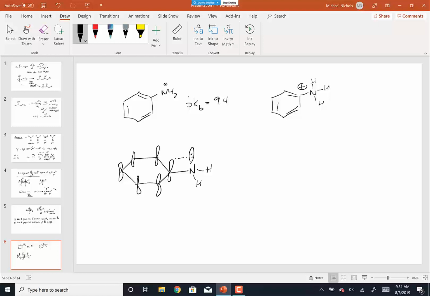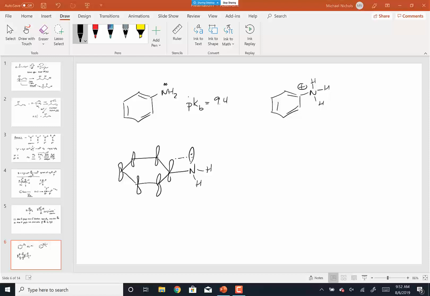And what's that going to do? It's going to remove electron density from the nitrogen. By tying up this lone pair partially in that conjugated system, that nitrogen is going to be less available to bond an H+, because it's part of the pi system a little bit.